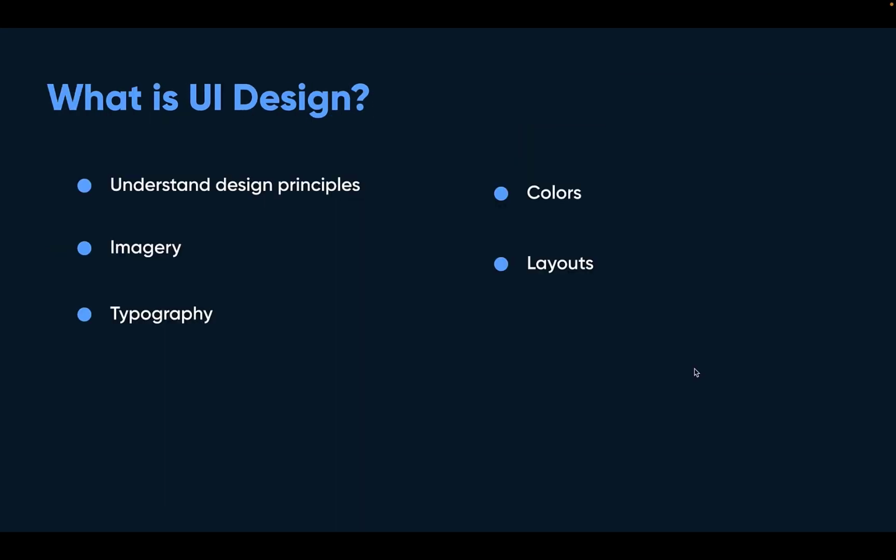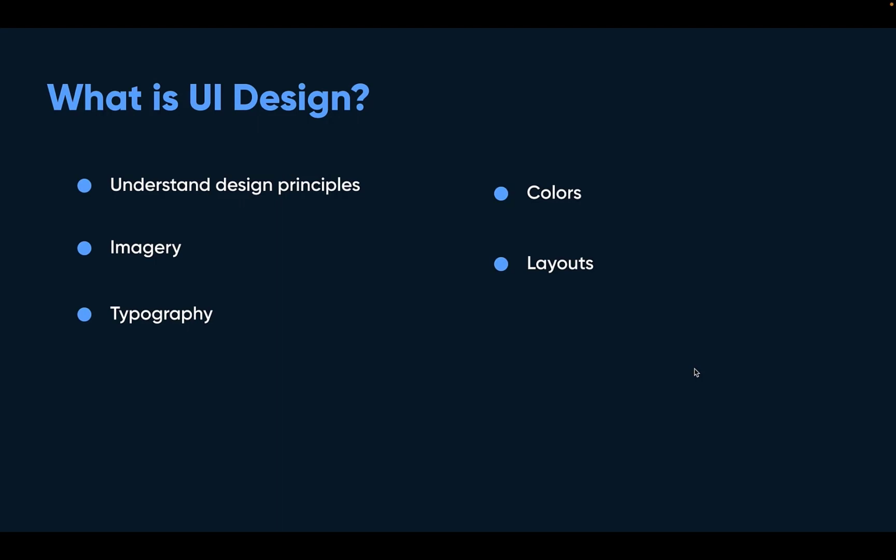Okay, so with UI design, as a UI designer, you have to understand design principles. That way you design something that is intuitive, that your users can just see and easily understand. You design something that guides your user to make a decision on your product. You have to understand how to use colors.